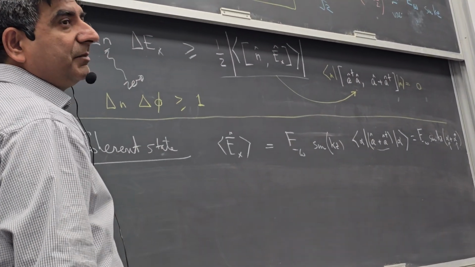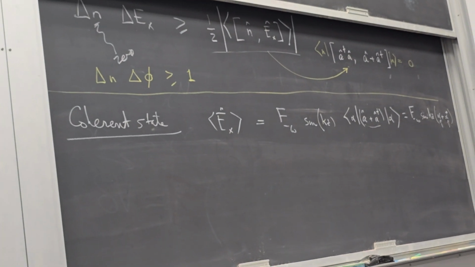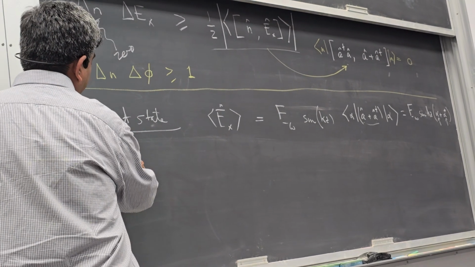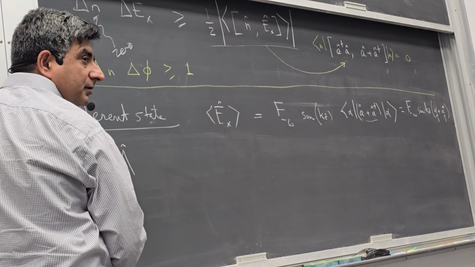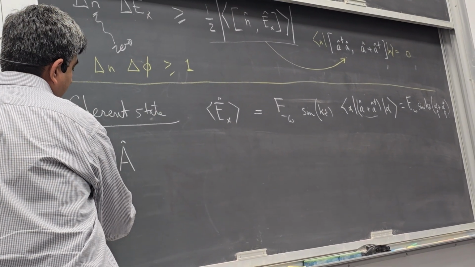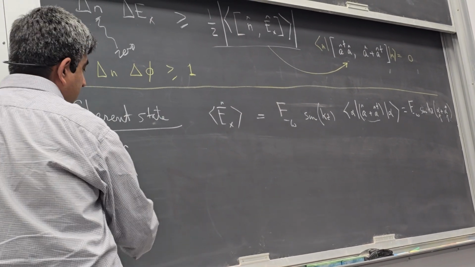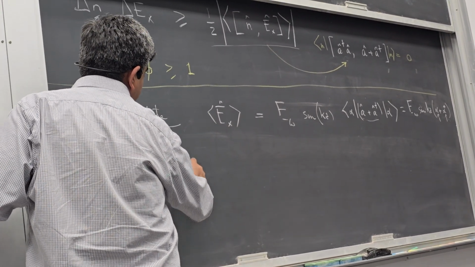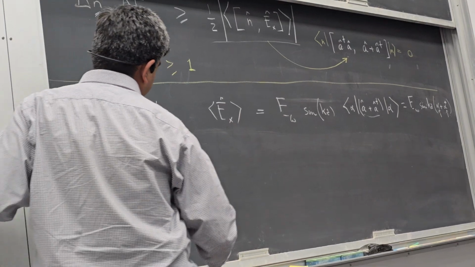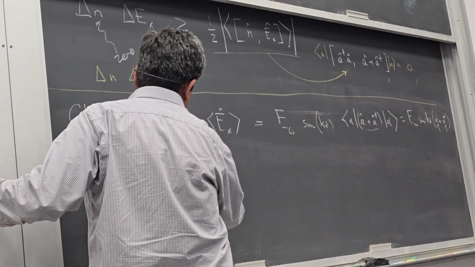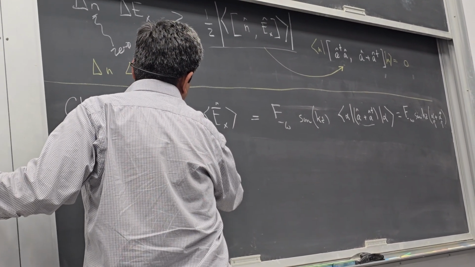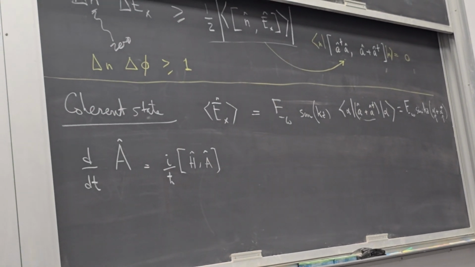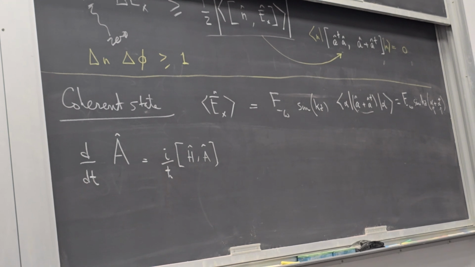From the Heisenberg picture of quantum dynamics, we do know that if I have an operator A and I take the time derivative of this operator, I get i over h bar times the commutator of A and H. Correct. This is the quantum dynamics in the Heisenberg picture.